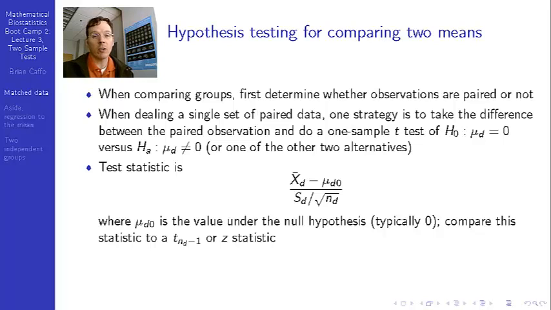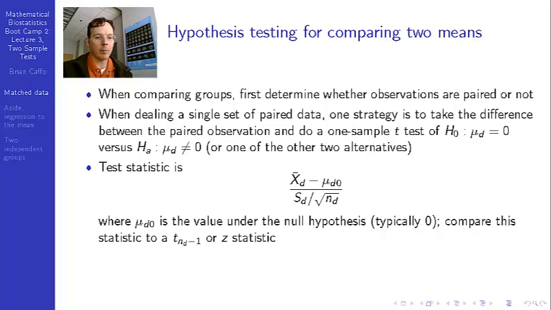In some cases, pairing is maybe a little less obvious. For example, you're not looking at something that's assigned. Let's say you want to compare people with high blood pressure to people with low blood pressure, and you wanted to compare some other characteristic.